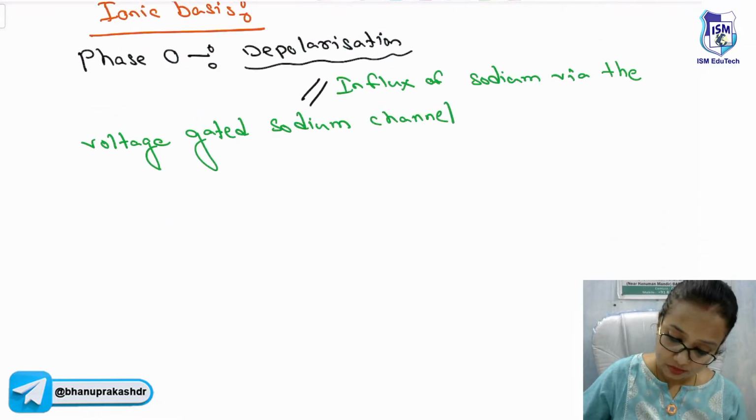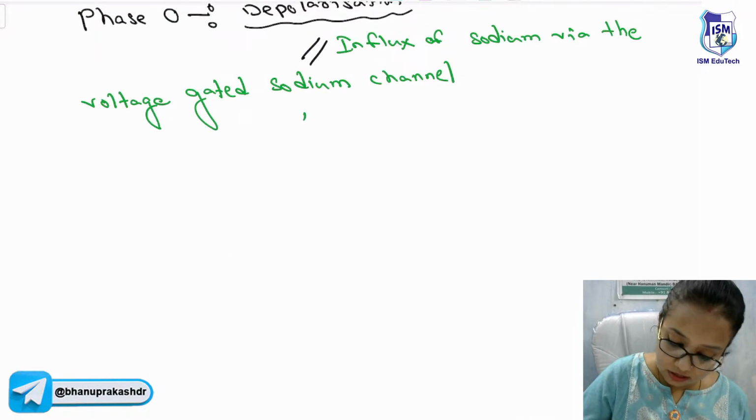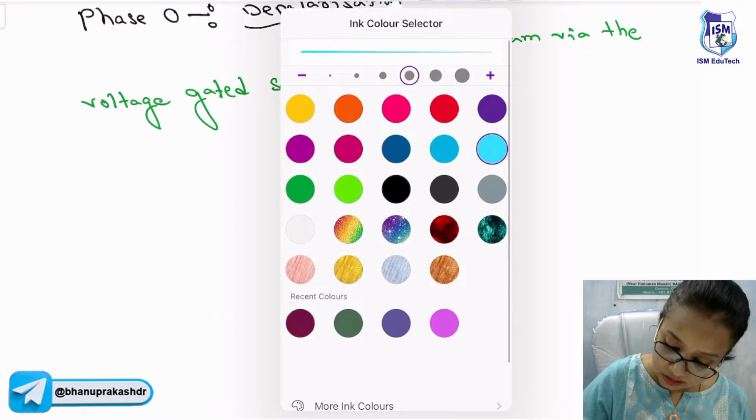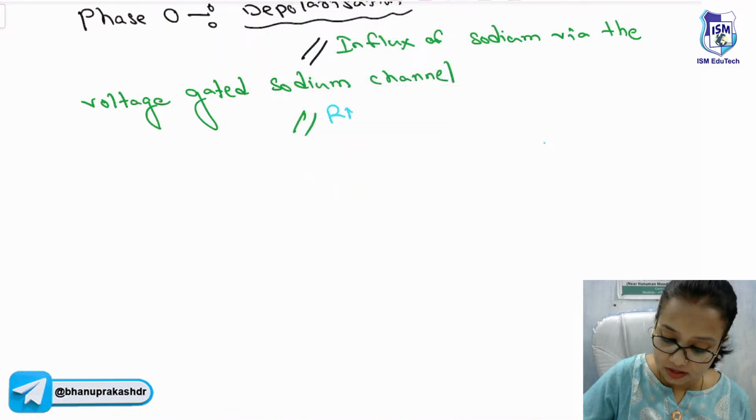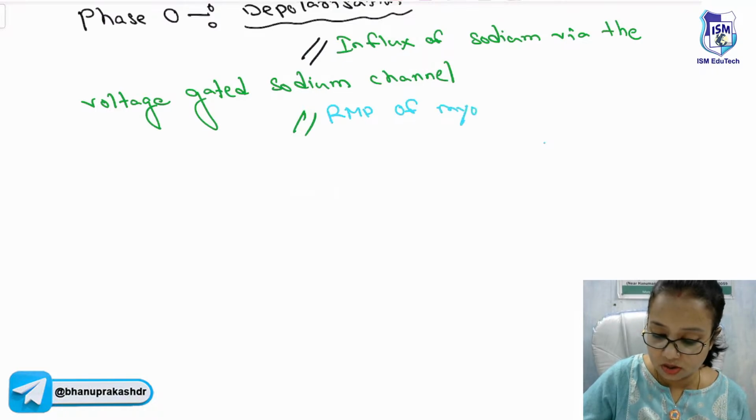Now, the resting membrane potential of myocytes is minus 80 mV.